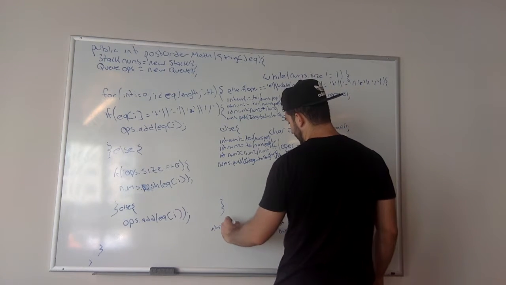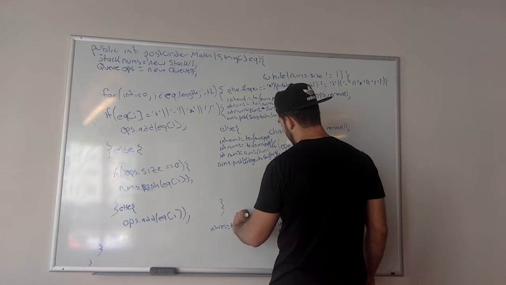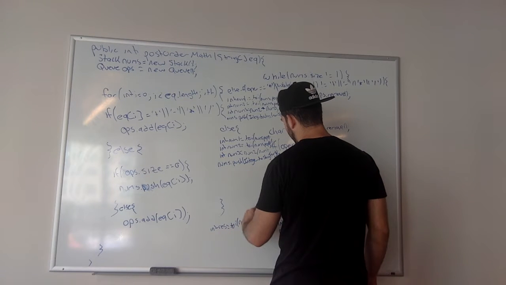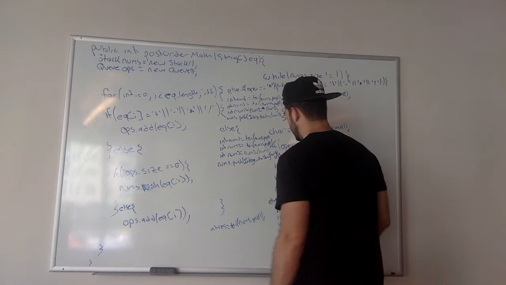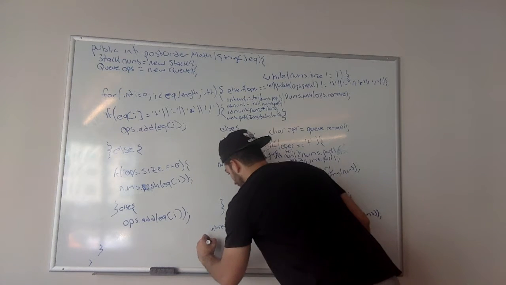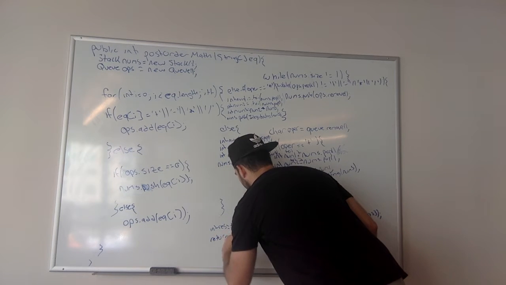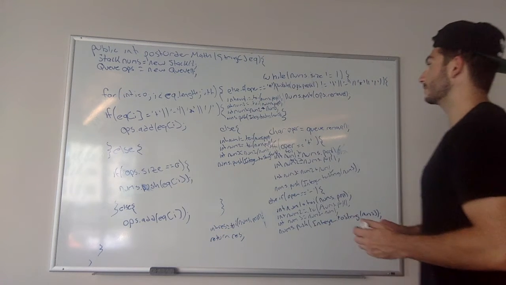That's going to be equal to string to integer of nums dot top, which should just be our result at this point. And then we just return the result, or res. And that should be the algorithm.